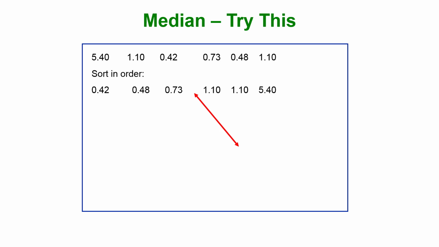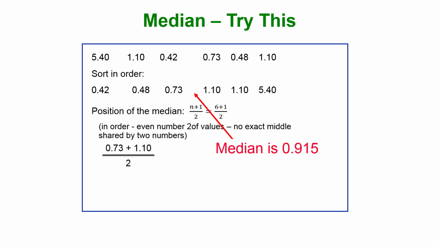On the other hand, in this data set, where we only have 6 numbers, we end up with a median that is between 0.73 and 1.10. So when you have a data set with an even number of values, you add 6 plus 1, which gives the 3.5 position.